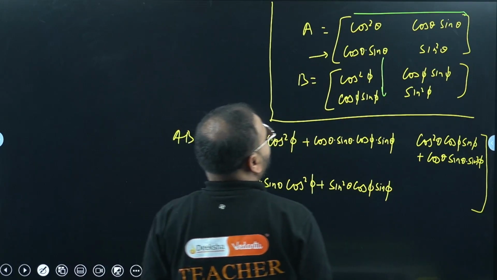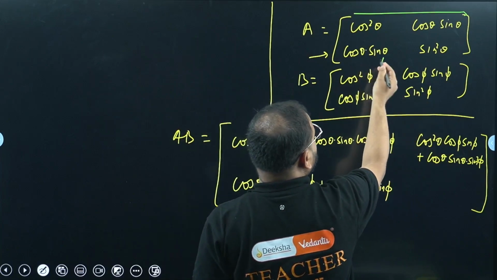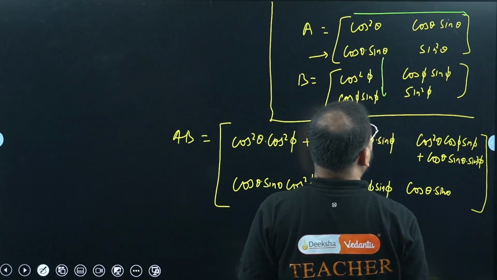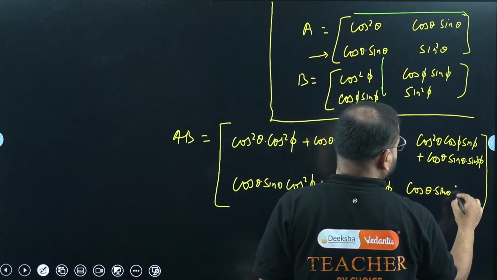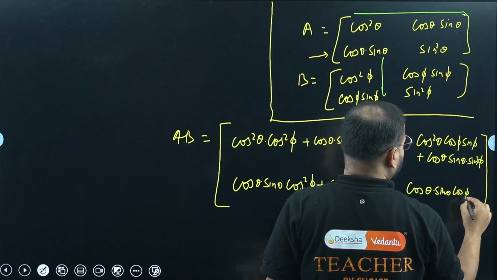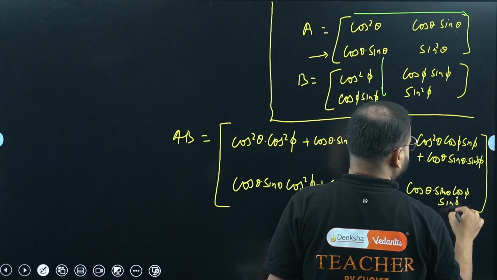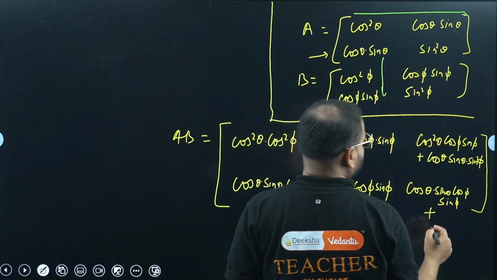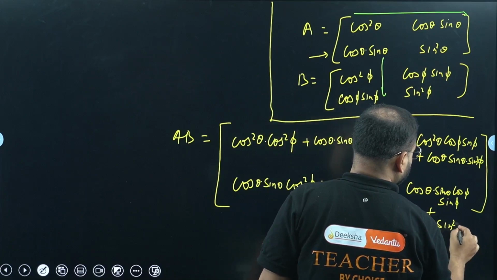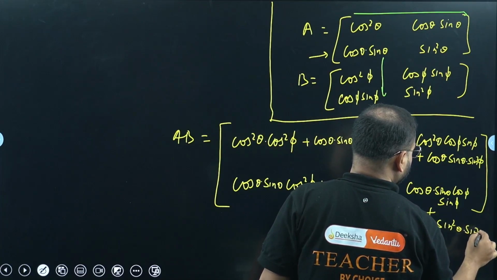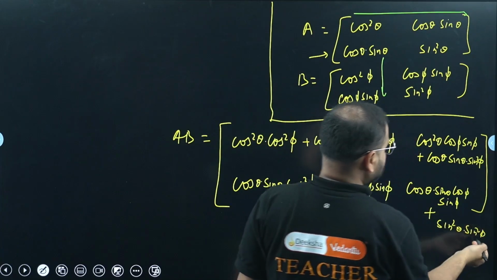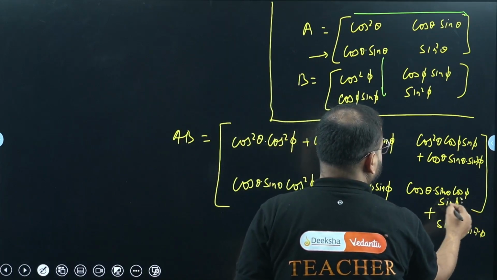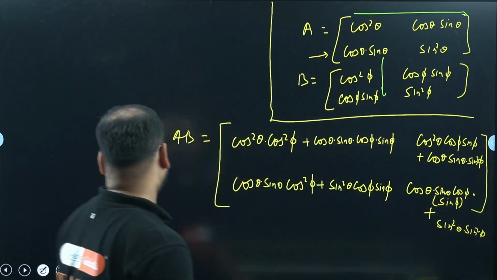Now we go with the second column. So cos theta sin theta with this part cos phi sin phi plus what? Sin square theta with sin square phi. Okay, this is my last element, correct? This part is in product only. I hope you understand.